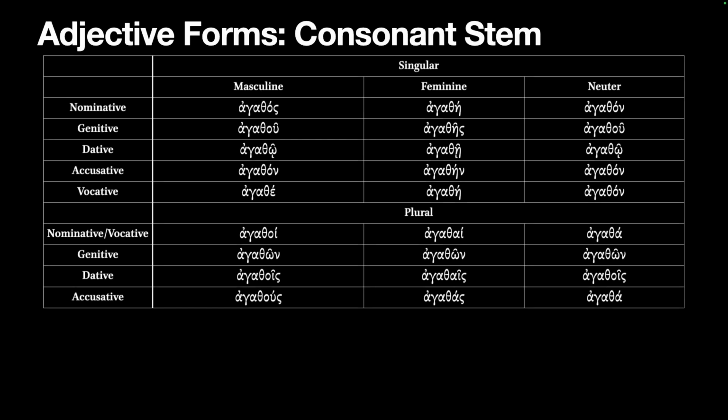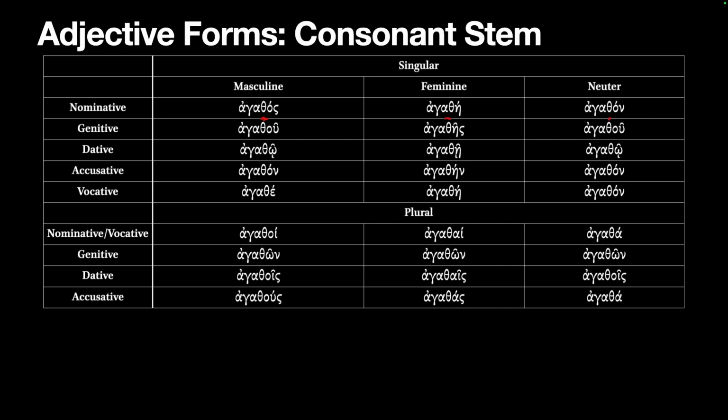So let's go ahead and look at some different forms of the adjective. You'll notice up here, we've got different kinds of stems. This is adjective forms for consonant stems. That is to say, adjectives whose stem or root ends in a consonant. So here, that is going to be the theta. And you'll see how this is a three-termination adjective.